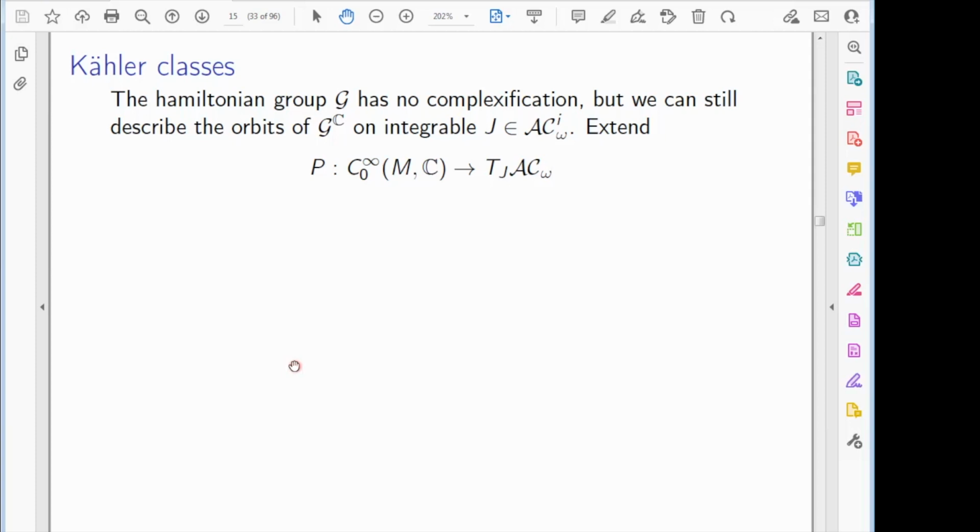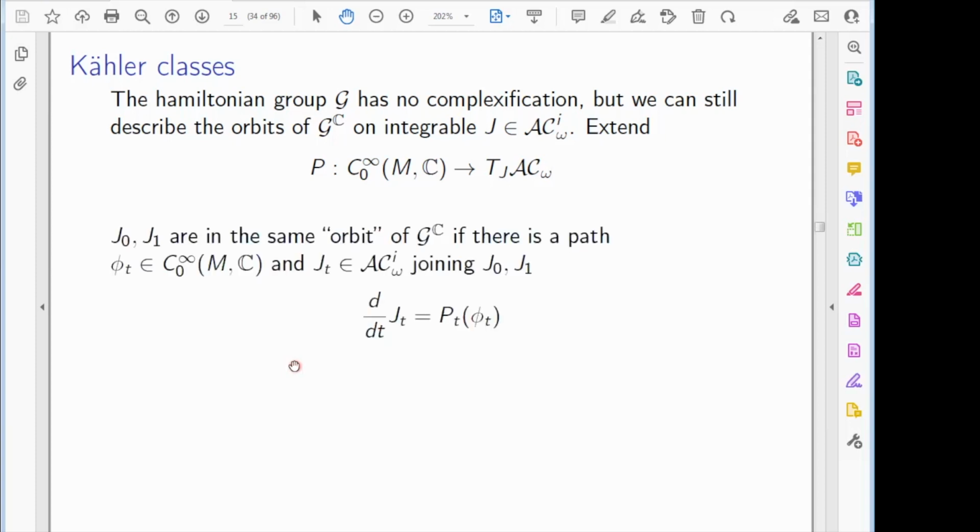So if it pulls this back to a Kähler metric, this will happen if the symplectic form pulls back to a Kähler metric with respect to J0. But the space of almost complex structures is larger, so it contains this orbit, which is basically the Kähler class.